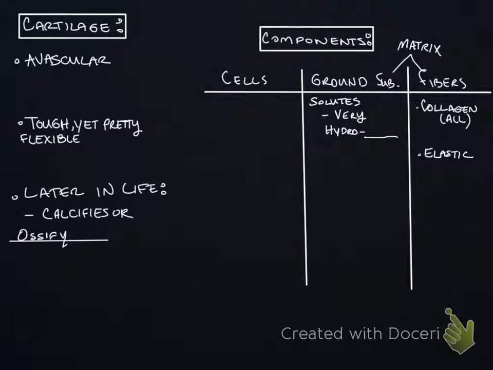We also have elastic fibers in elastic cartilage. And then also in fibrocartilage, the collagen there is pretty thick and wavy. And remember, fibrocartilage is found in places that have a lot of wear and tear or grinding, like the intervertebral disc or the meniscus of the knee.